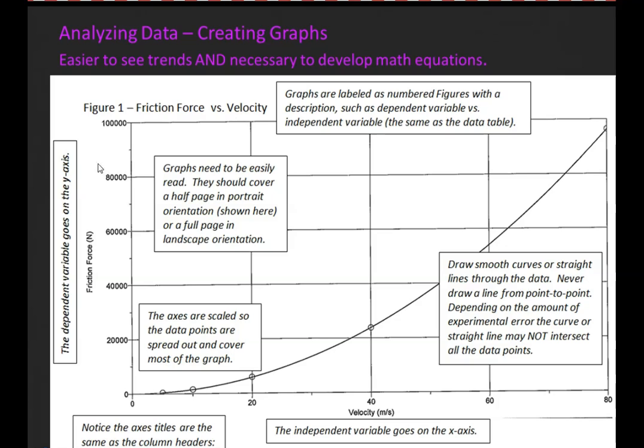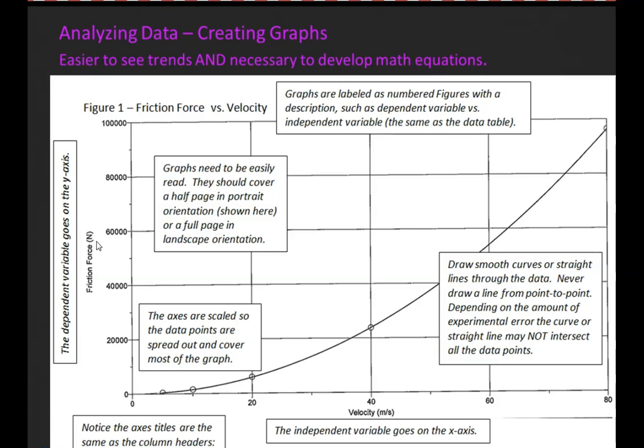Let's take a look at the axes. The dependent variable goes on the y-axis. The independent variable goes on the x-axis. Also, let's look at these titles a little closer. They are titles, so the first letter is capitalized in each word, and we need to include the units.